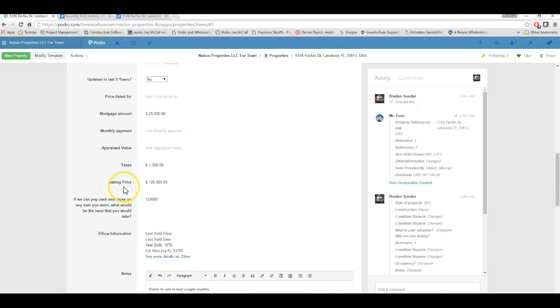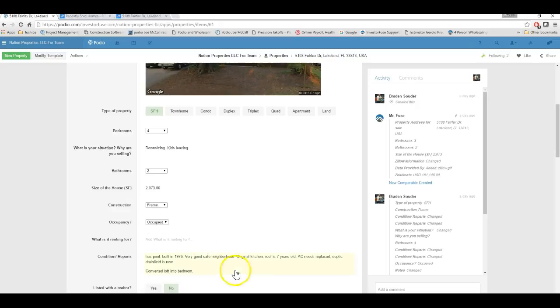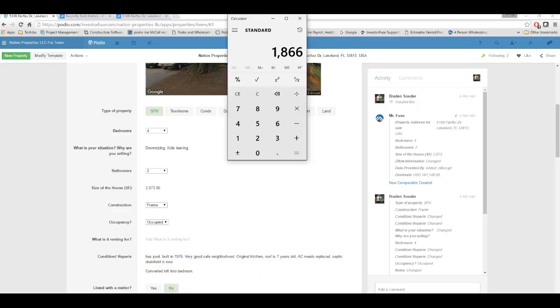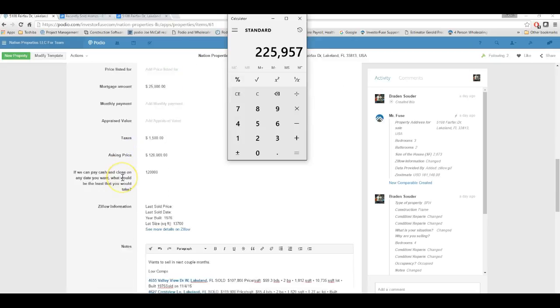So full market value of this property. Let's take the square footage times 109, 2073 times 109. So I'd say full market value of this property is actually 225, 226,000.